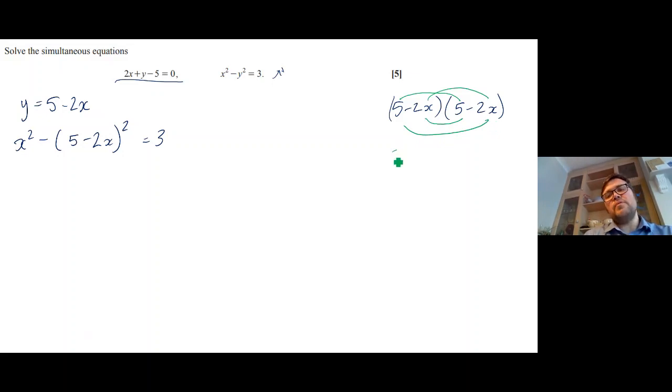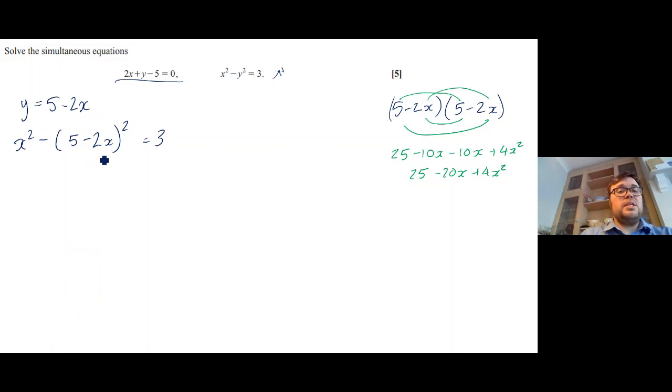So 5 fives are 25. We have then minus 2x times 5 is minus 10x. We also have another minus 10x, and we would have plus 4x squared. Simplify it down to 25 minus 20x plus 4x squared.